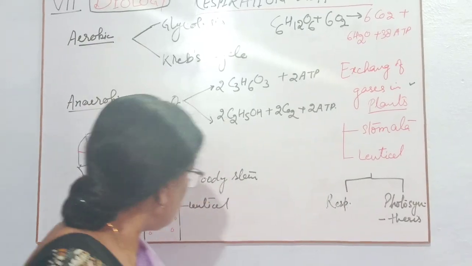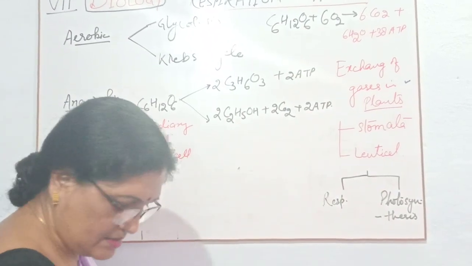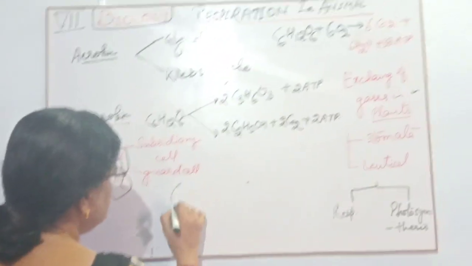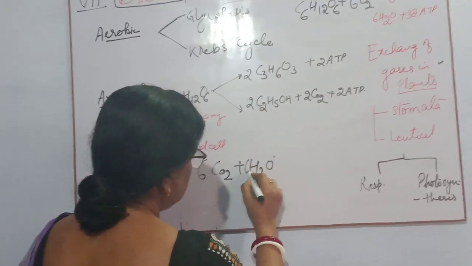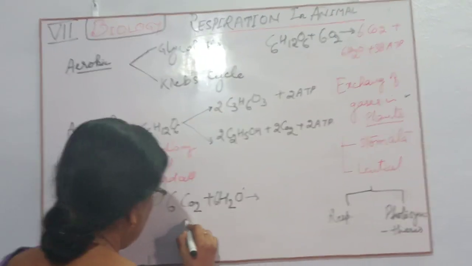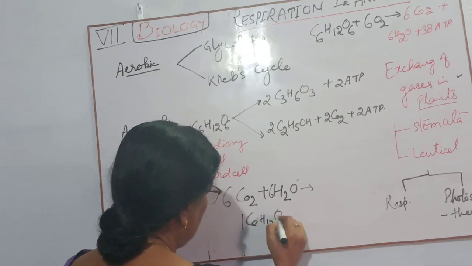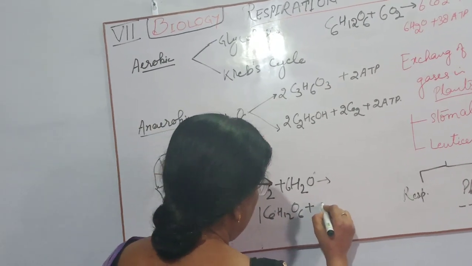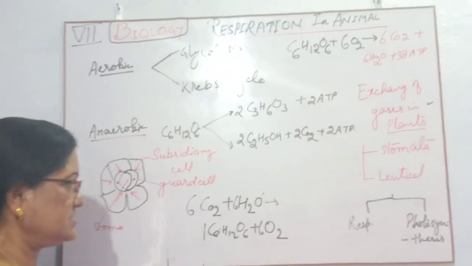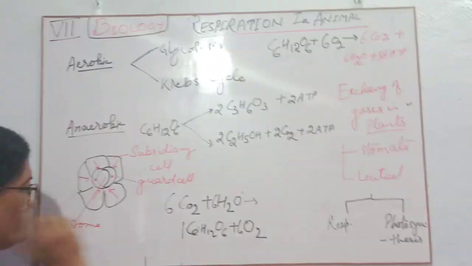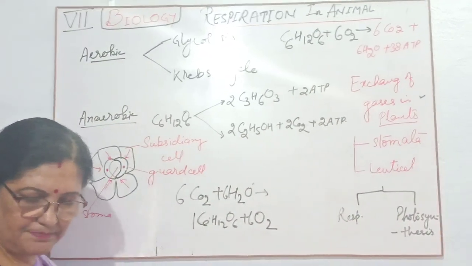For photosynthesis, you can write the reaction as: 6 molecules of CO2 are reduced with 6 molecules of water and form 1 molecule of glucose, C6H12O6, plus oxygen. This is the reaction for photosynthesis, and photosynthesis always occurs in the green part of the plant.